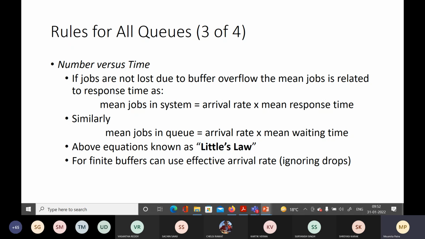We can find out different values using Little's law, and when we are considering that we have finite buffers, then we use the effective arrival rate in place of the arrival rate in this equation. Effective arrival rate essentially means how many packets are entering into your system after getting dropped out.